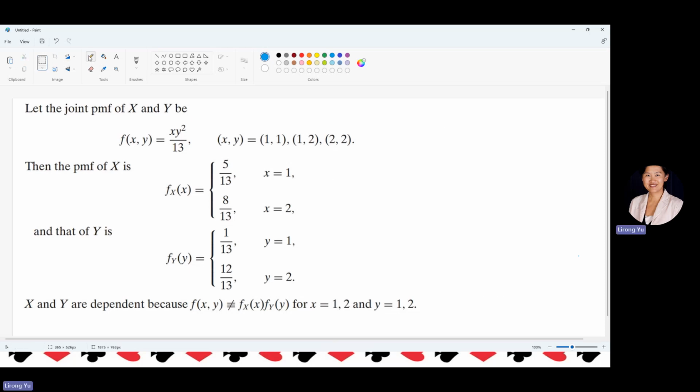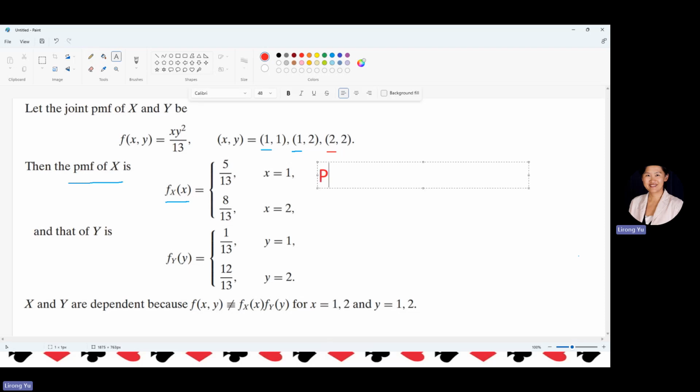For example, the first one, we're going to calculate the marginal probability for x. This is x equal to 1, and this is x equal to 2. For x equal to 1, we're supposed to add up the probabilities, so you have to have 2 of them.